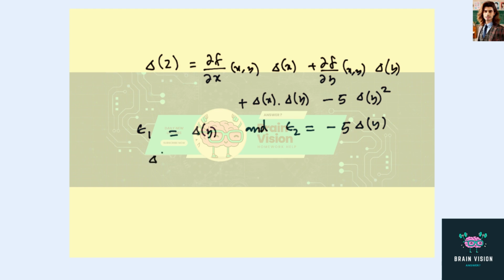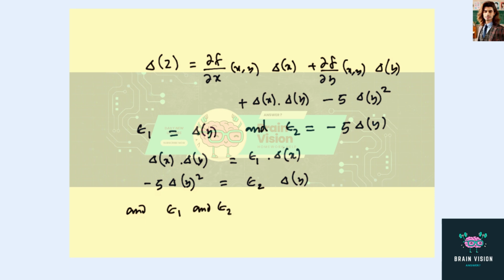Then I can see that delta x times delta y can be written as epsilon 1 times delta x, and negative 5 delta y whole squared can be written as epsilon 2 times delta y, and epsilon 1 and epsilon 2 go to 0 as delta x and delta y go to 0. So QED.